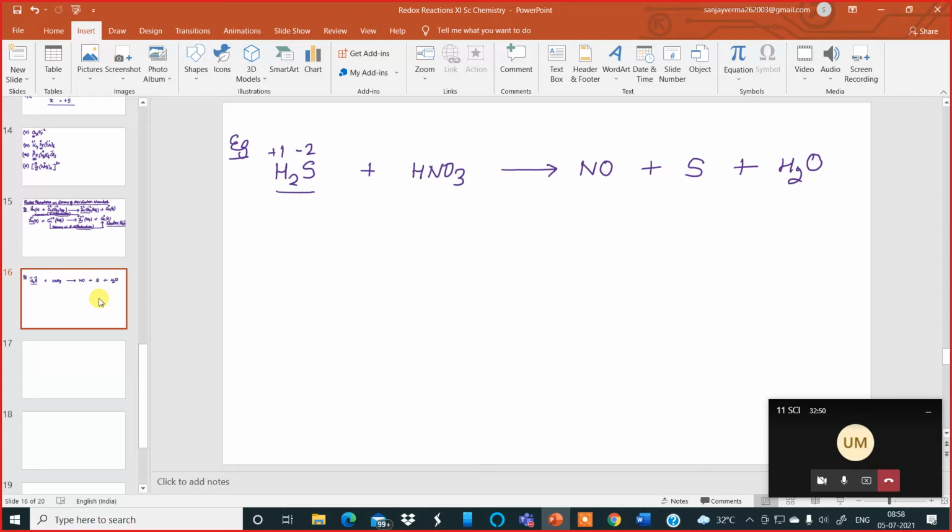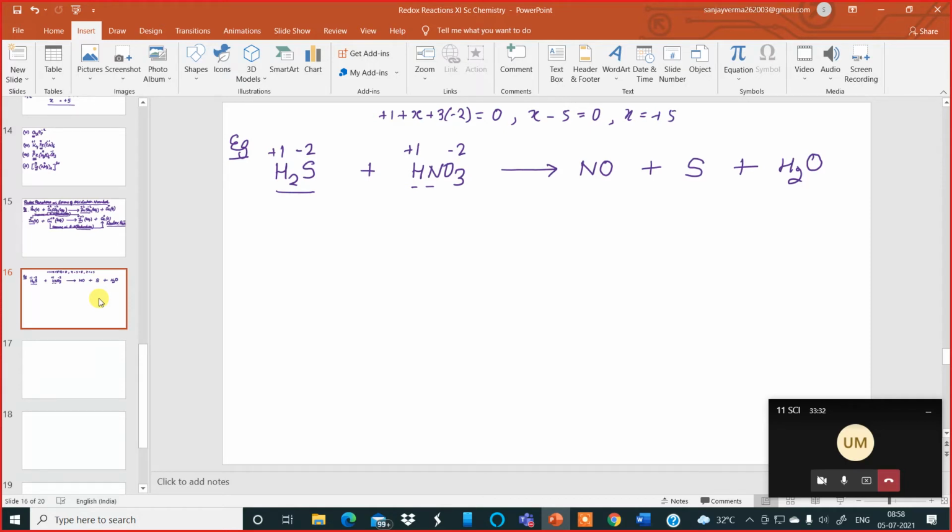Similarly, in nitric acid, hydrogen oxidation number is +1 and oxygen is -2. Working it out: +1 plus x, where nitrogen is unknown, plus 3 oxygen atoms times -2 equals 0. Simplifying, x minus 5 equals 0, therefore x is +5.